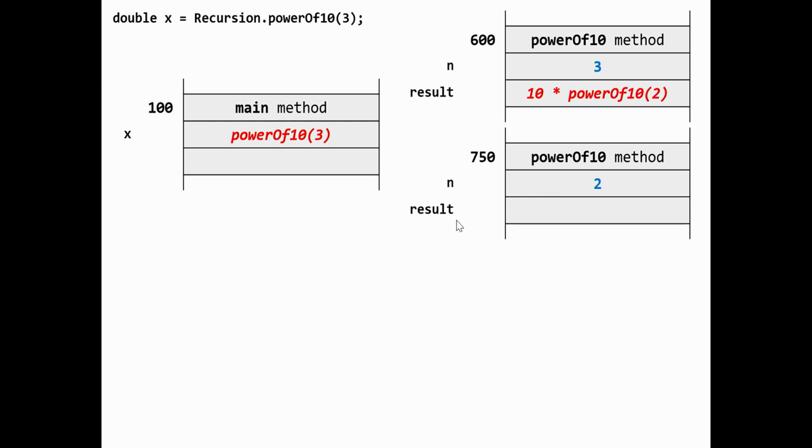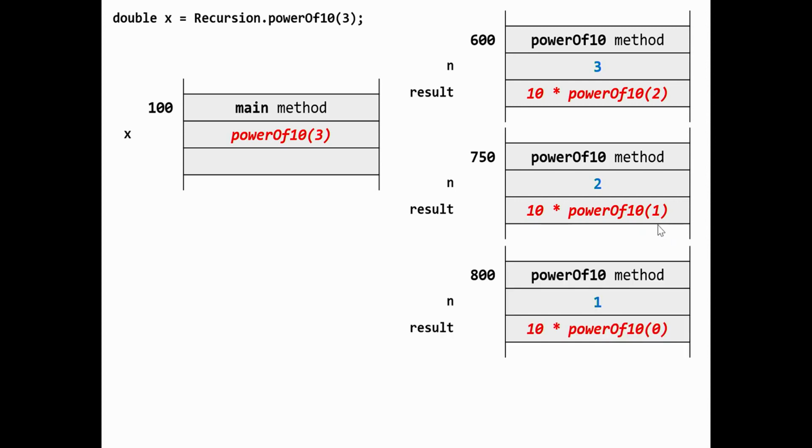Every time you call a method, a new version of that method appears. And the result stores the value 10 times power of 10 of 1. But that's another method call, so it appears on the call stack somewhere. That value of 1 is stored in the parameter n for that version, and the result is 10 times power of 10 of 0.